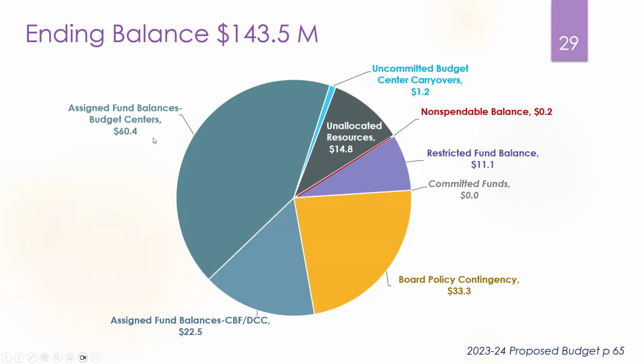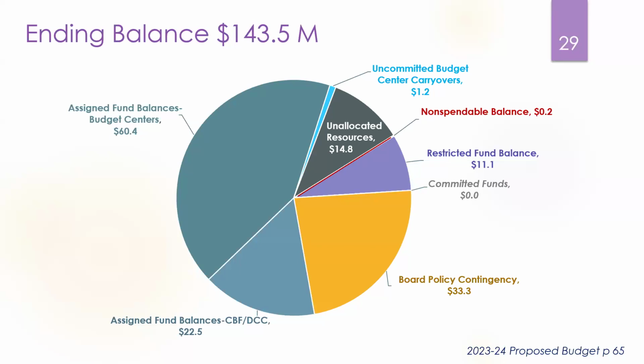And then you go on to assigned fund balances by budget centers. This is something you may be most familiar with if you've gone to your budget committees on your campuses or talked to your budget officers about putting money aside for specific purposes and getting approval for that.